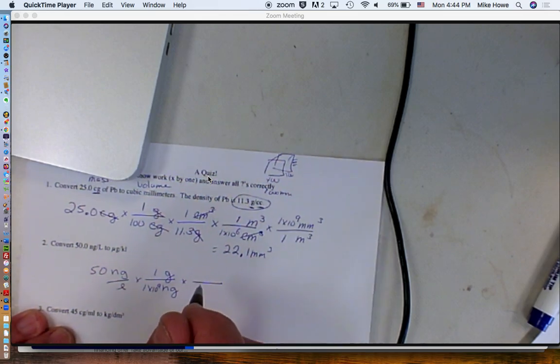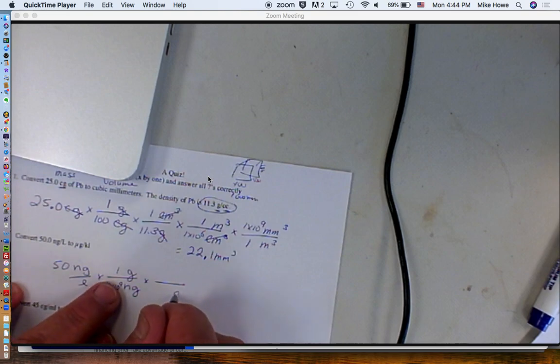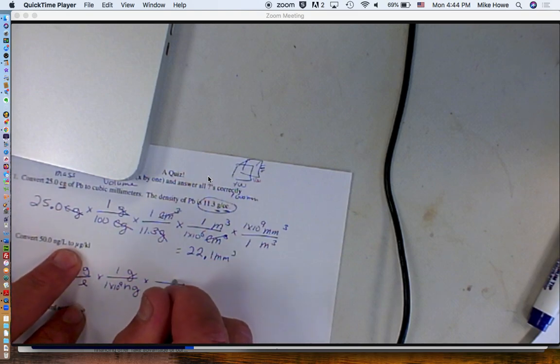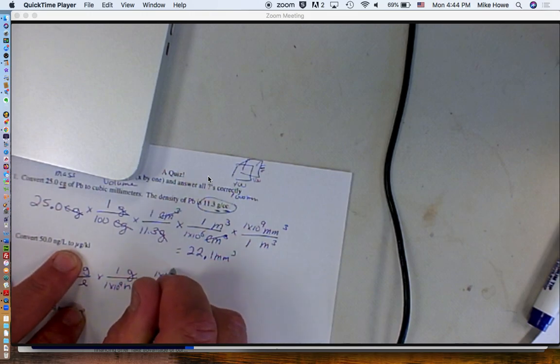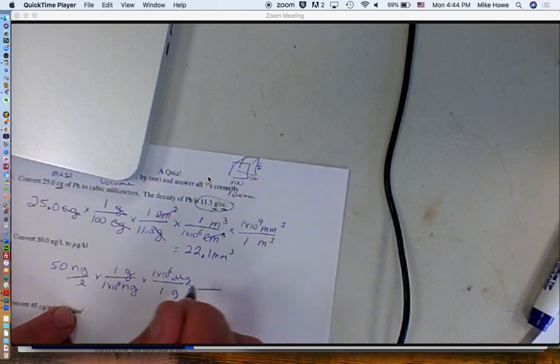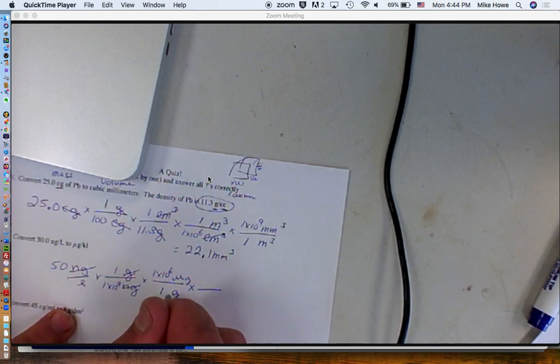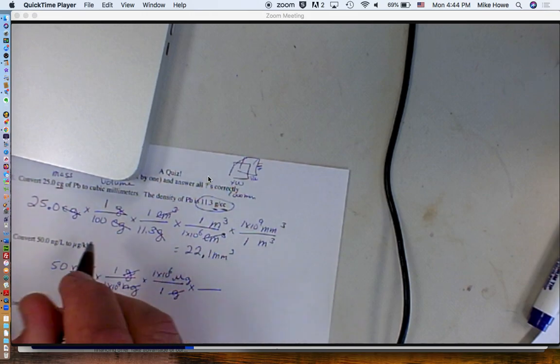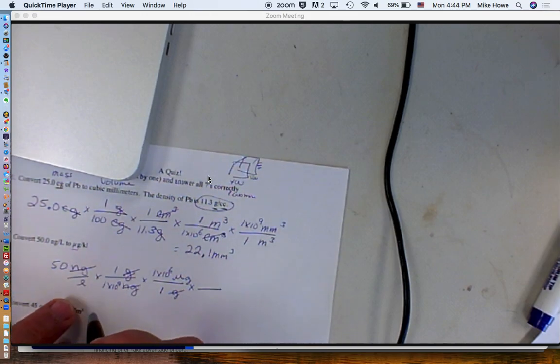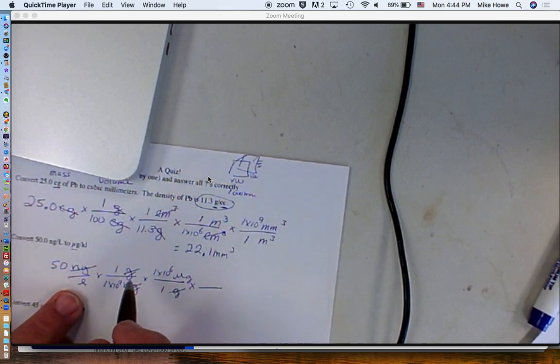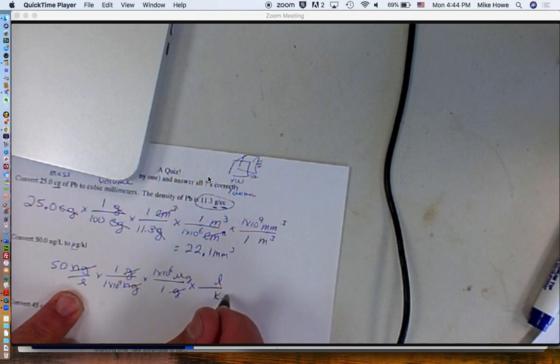Okay, then we need to get rid of grams, go to milligrams, or excuse me, micrograms. And 1 gram is 1,000,000,000 micrograms. So now nanograms cancel, grams cancel. We have micrograms on top, and that's what you want. We need to get rid of liters. So liters are going to go on top now because these are on the bottom, and kiloliters can go on the bottom.